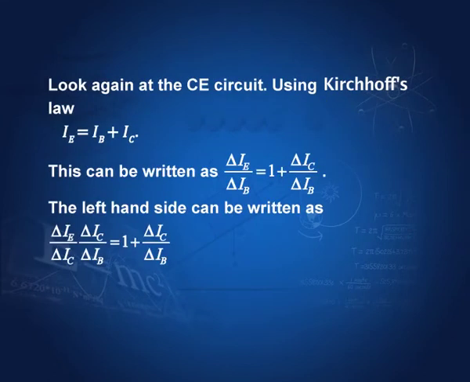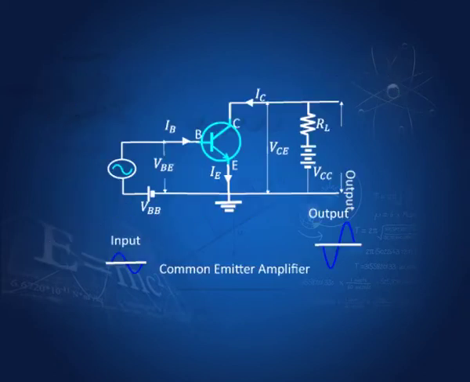Look again at the CE circuit, the common emitter circuit. Using Kirchhoff's laws, as I explained earlier, we get IE equal to IB plus IC. Consider this a point junction for Kirchhoff's current law. These two currents are going in, this one is coming out.